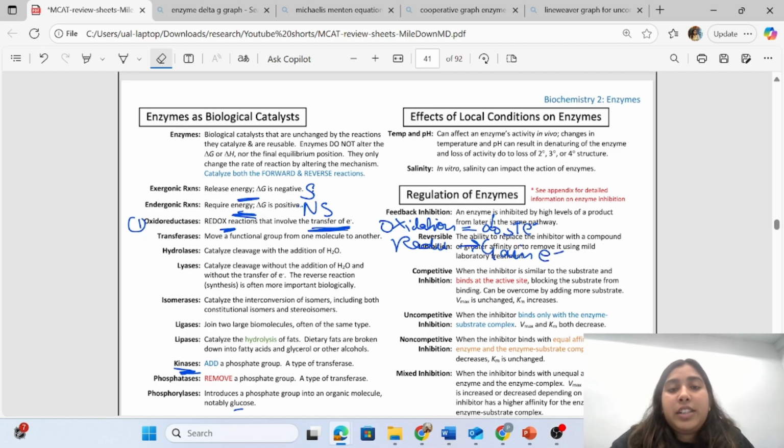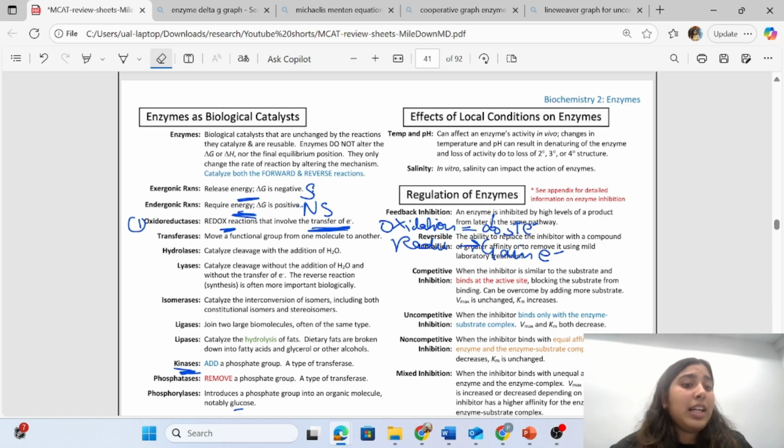Transferases just transfer a group between molecules, for example adding an alcohol group, aldehyde group, or carboxylic group. So it just transfers from one functional group to another. Hydrolases: wherever you see the ending "ases," that means an enzyme, and it breaks something.